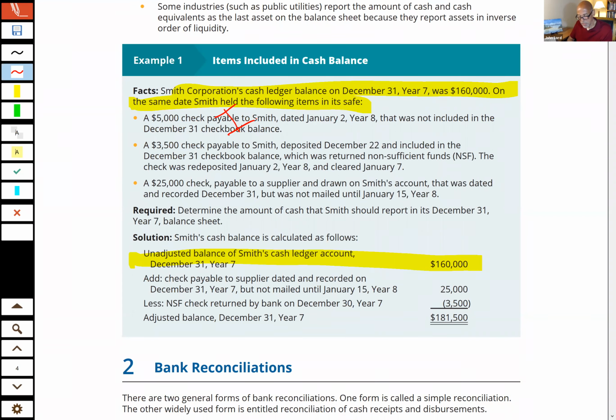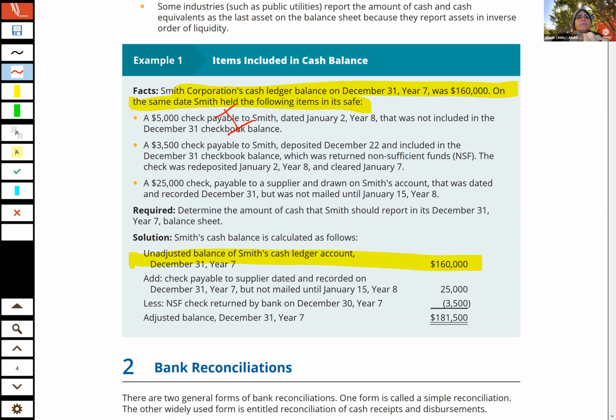Then they say they have a $3,500 check payable to Smith deposited on December 22nd and included in the December 31st checkbook balance, which was returned non-sufficient funds. That means it bounced. The check was redeposited but didn't clear until January 7th of year 8. So was that cash at the end of year 7?